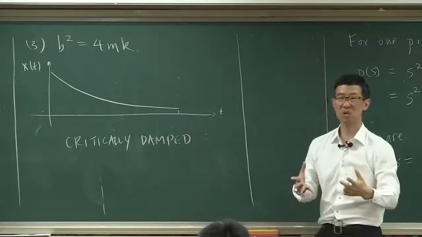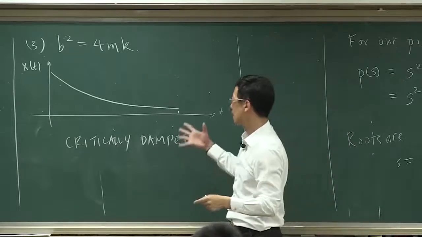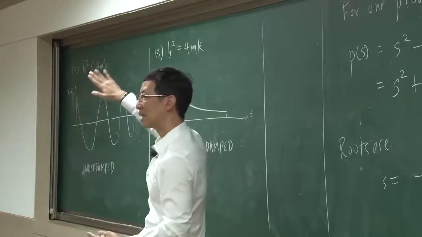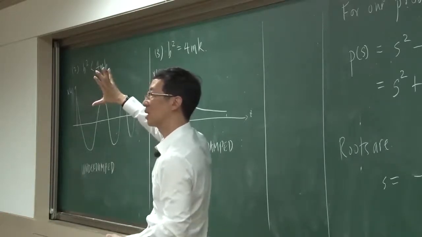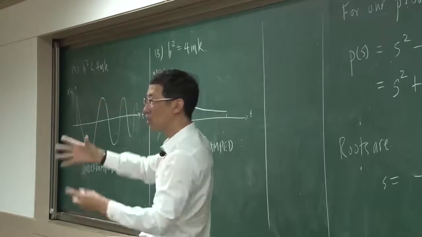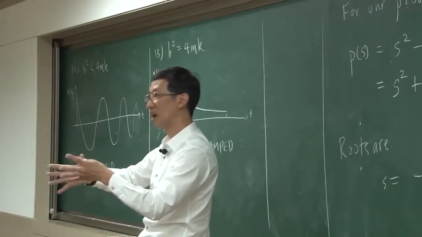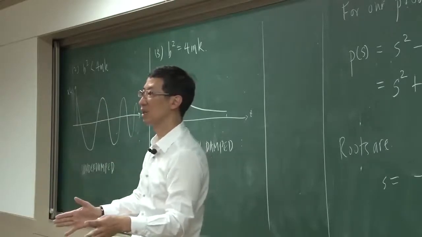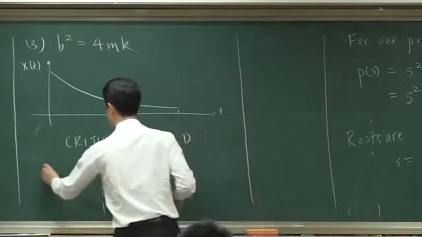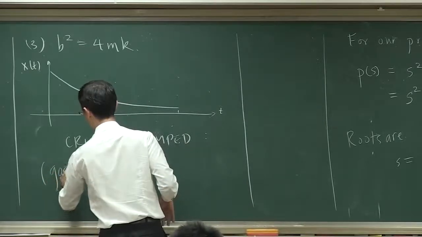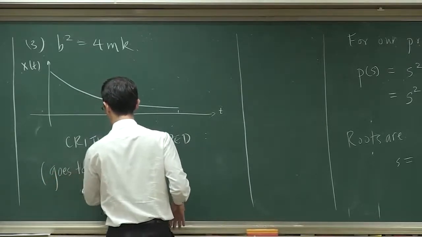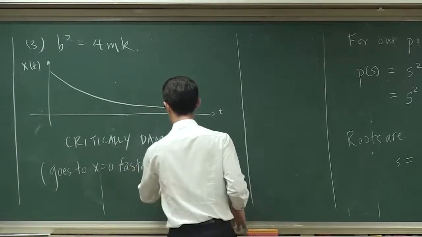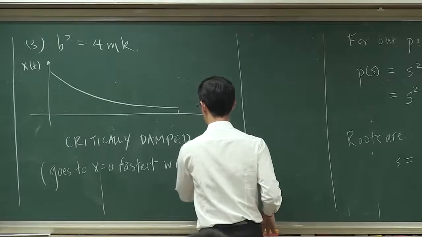From a control perspective, this is the best outcome. It's the fastest response. It's where the mass goes to the equilibrium, which is our desired state, x equals 0, as fast as possible without any oscillation.